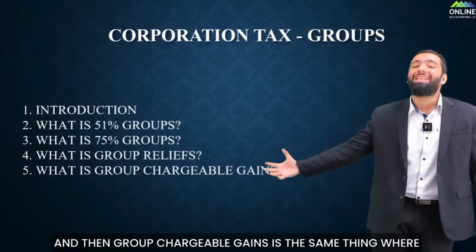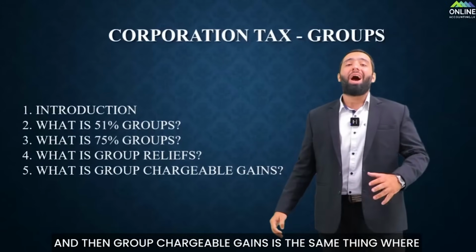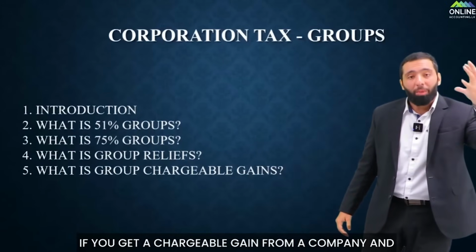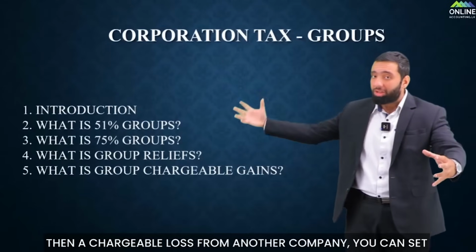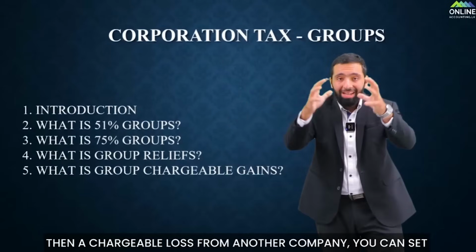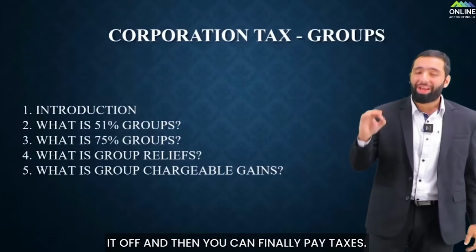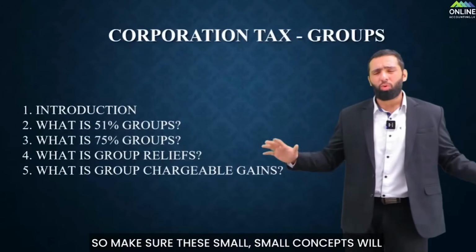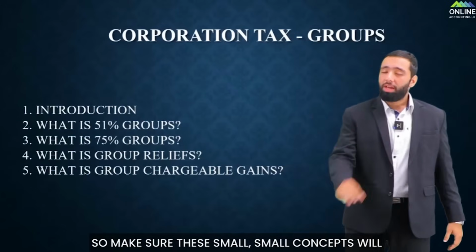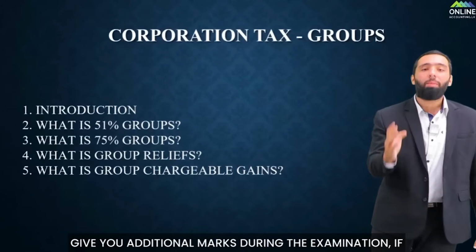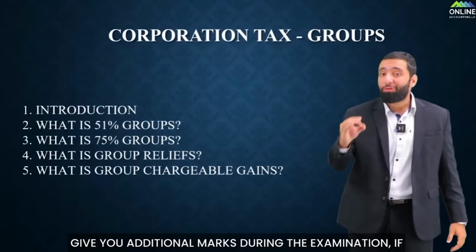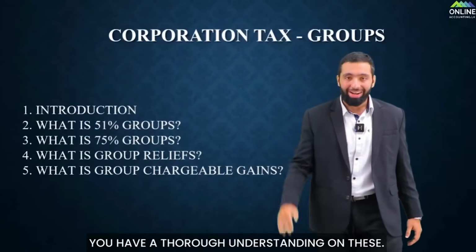And then group chargeable gains is the same thing, where if you get a chargeable gain from a company and then a chargeable loss from another company, you can set it off and then you can finally pay taxes. So make sure these small concepts will give you additional marks during the examination if you have a thorough understanding on these.